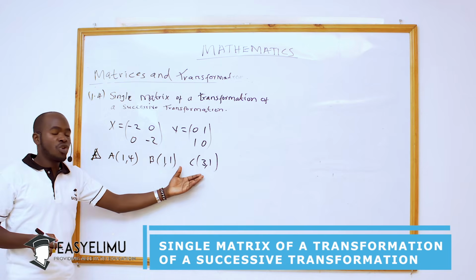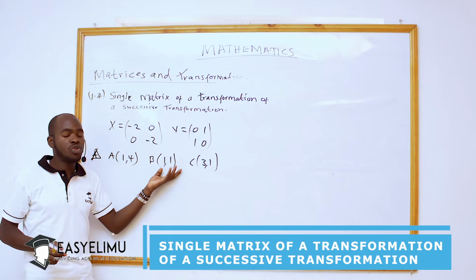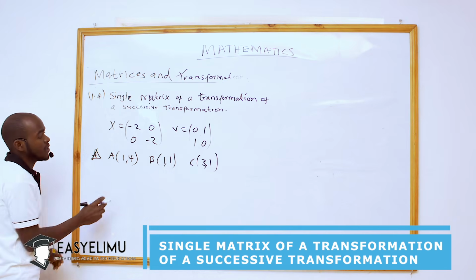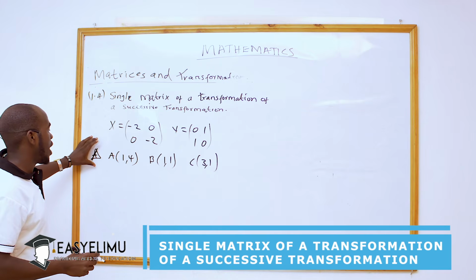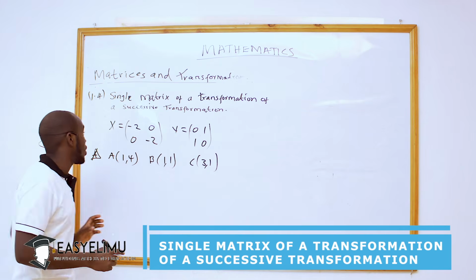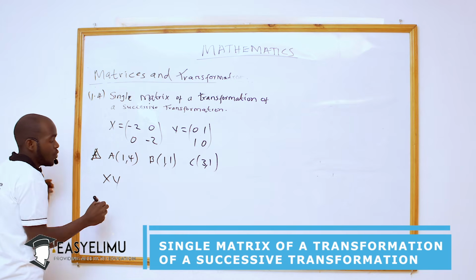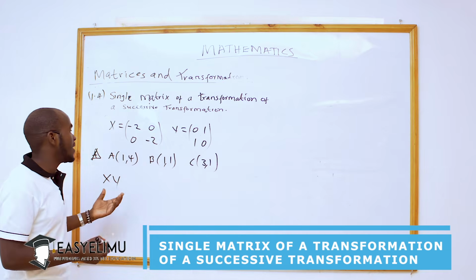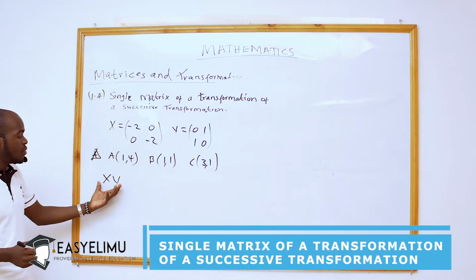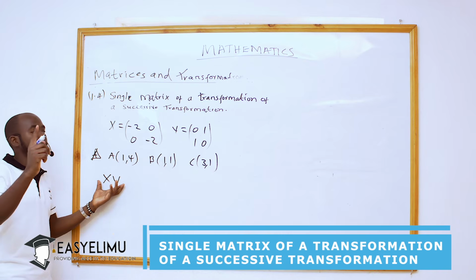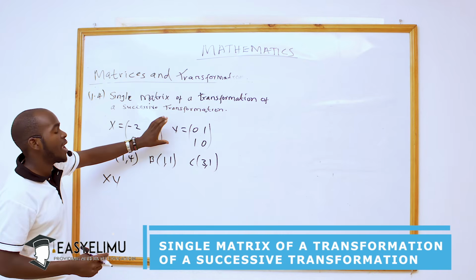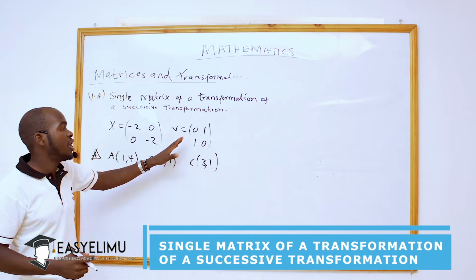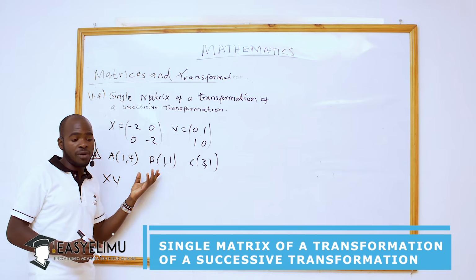Now, in our previous session, we saw how we can transform this triangle using these. For example, if we are told to transform triangle ABC through a successive transformation XY, we have already done it. Here, we shall see how we can transform this triangle using a single matrix XY and give the same image as transforming each of them on this triangle.